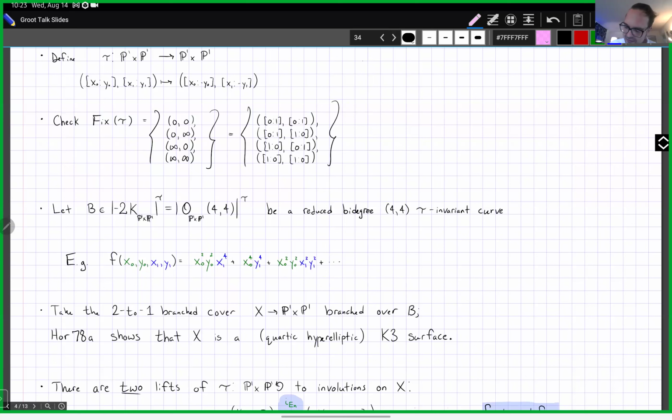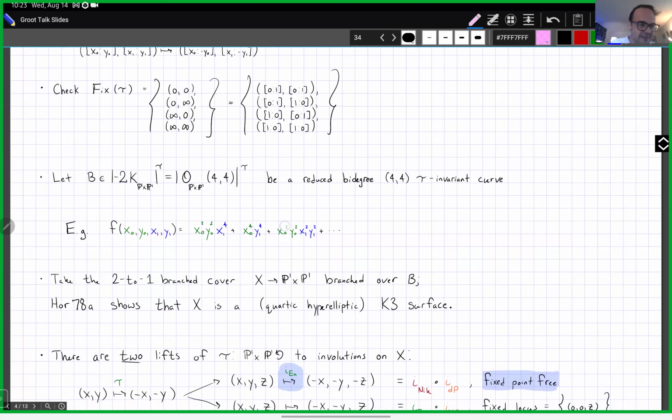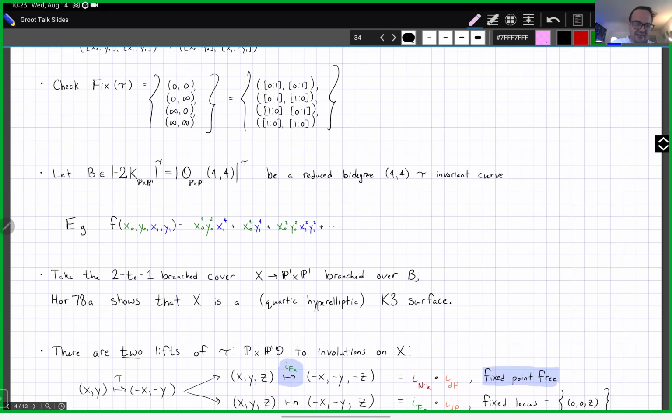And now take a curve which is in this particular linear system. So it's the anti-bicanonical linear system, which is tau invariant. So only those curves, so this turns out to be O of (4,4), which are invariant under this involution. So this is a little bit convoluted, but I promise that this is a relatively straightforward construction once you go to coordinates and work with polynomials.